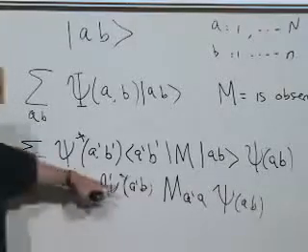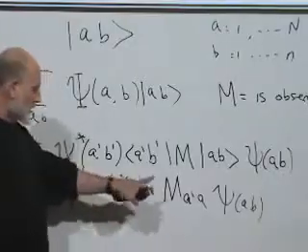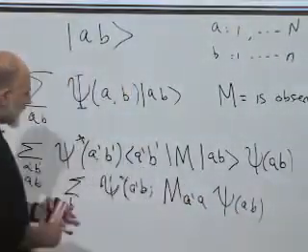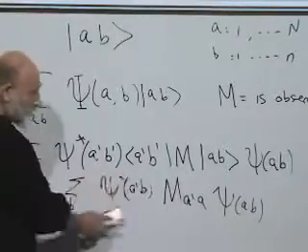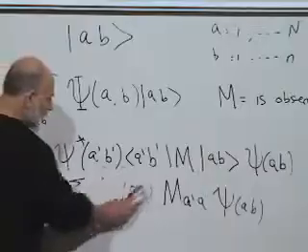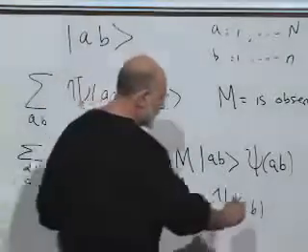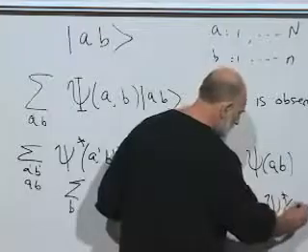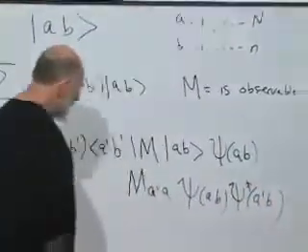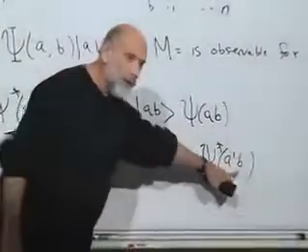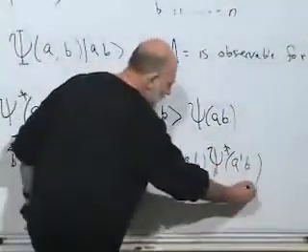All right. Now let me group the two things that depend on B. Let me group them together. So what I'm going to do is erase this over here, and I'm going to put it right back here. Psi star of A prime and B. All right, now imagine holding A and A prime fixed and just summing over B. That gives you some expression here.